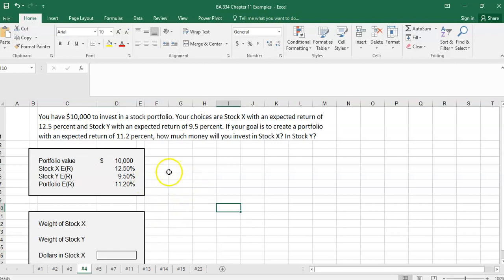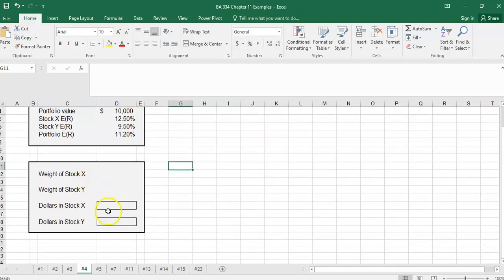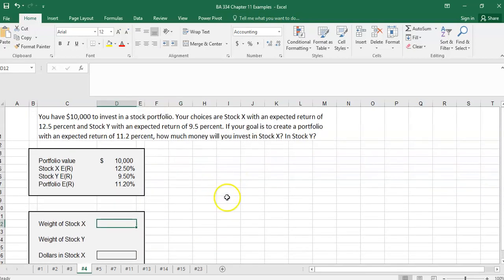In example 4, we're given the portfolio value and the expected returns. And what we want to do is calculate the weight and how much of that $10,000 is invested in stock X and how much is invested in stock Y. So first, we want to find the weight of stock X. We're going to take kind of the opposite of what we did for the last two.